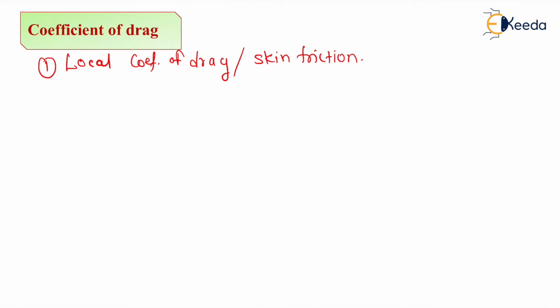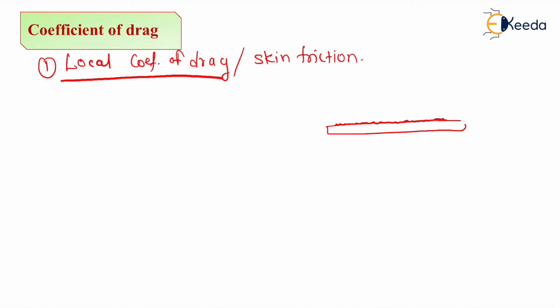We all know that if this is a plate, the skin has some roughness over the surface, due to which resistance is generated. Due to this, the term local coefficient of drag is introduced.